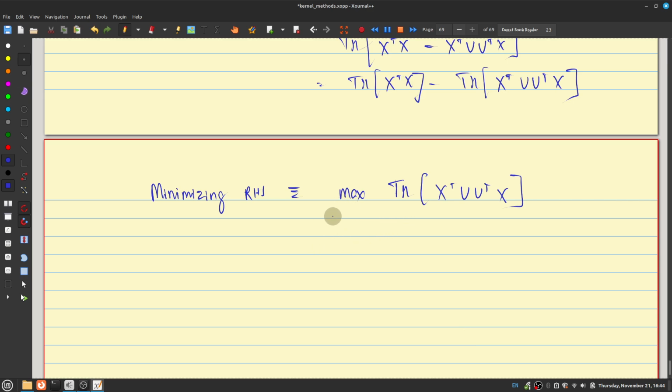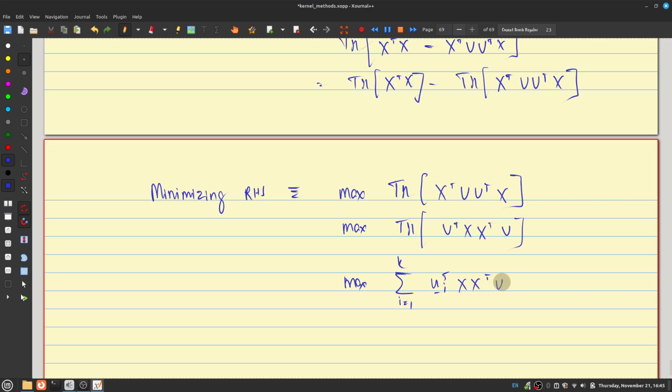But that's also the same as maximizing the trace of U transpose X, X transpose U, because trace of A times B is the trace of B times A, right? Now the trace happens to be equal to the summation i equal to 1 to K, if I look at just the diagonal entries, of ui transpose X, X transpose ui.